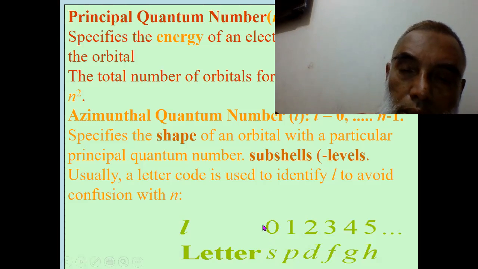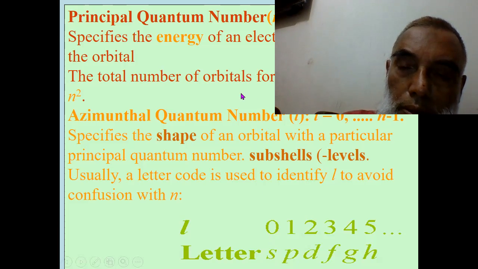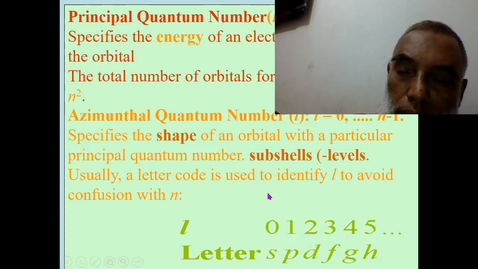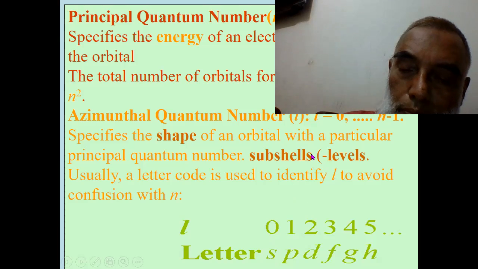When n has value 2, then L may have 0 and 1, and 1 is for the p orbital. When n is equal to 3, then L may have values 0, 1, and 2, and 2 is the d orbital.